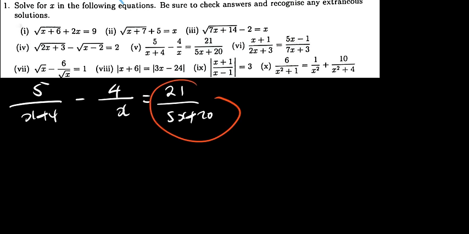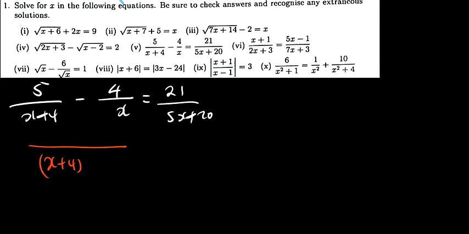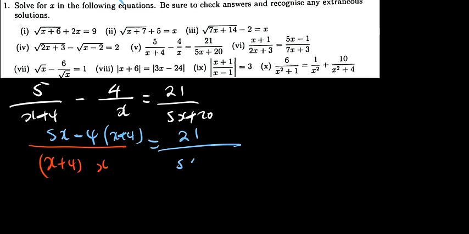So I have to find the common denominator, which is going to be x plus 4 times x. So that times that, I can clearly see that x plus 4 and x plus 4 will cancel out, and I'm going to remain with just x. X times 5 is 5x. Here, x and x will cancel, then I'll remain with 4 times x plus 4, like that, is equal to 21 divided by 5x plus 20.